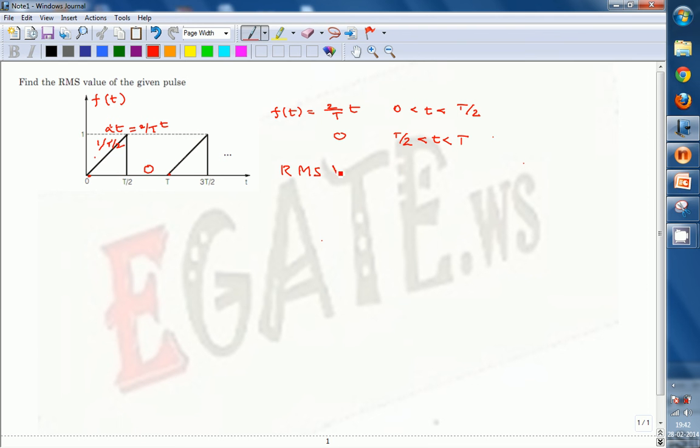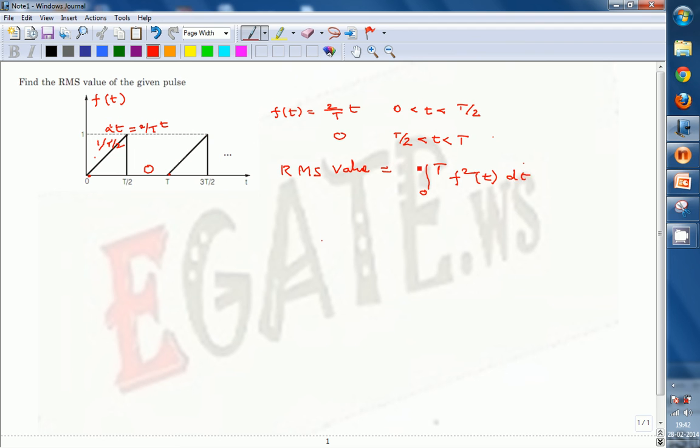of the given waveform. So we know the expression for RMS value, that is, first we need to take the mean of the square of the signal, that is f square of t dt.